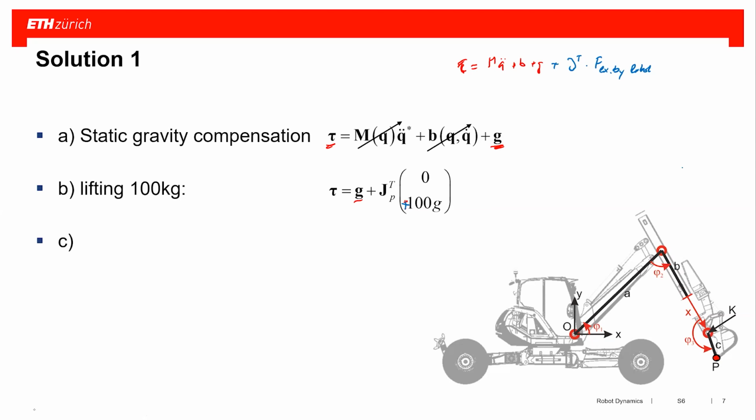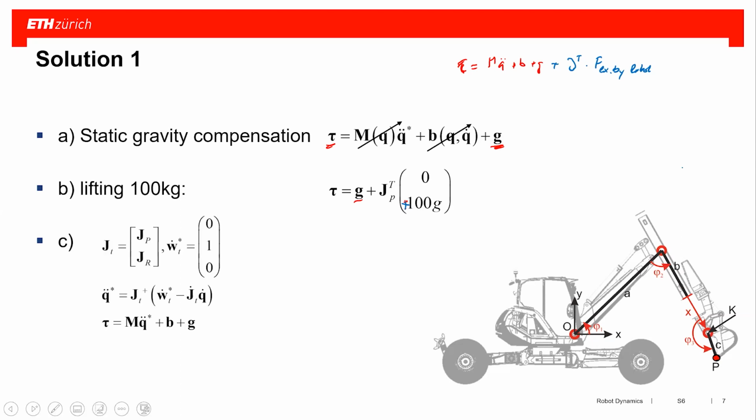Then C was accelerating it with 1 meter per second squared upwards, while keeping x position and orientation constant. So what does that mean?